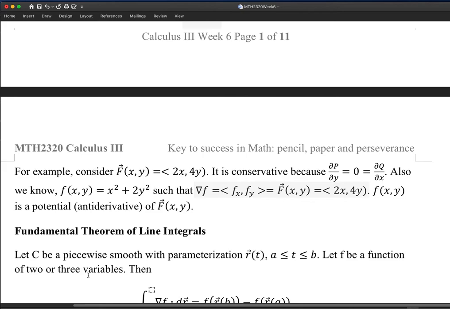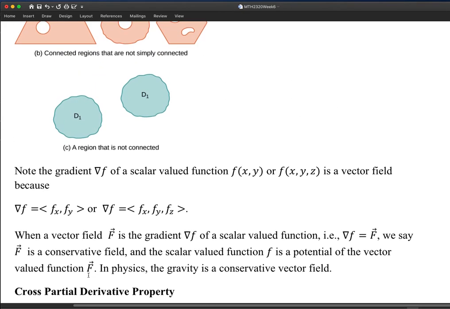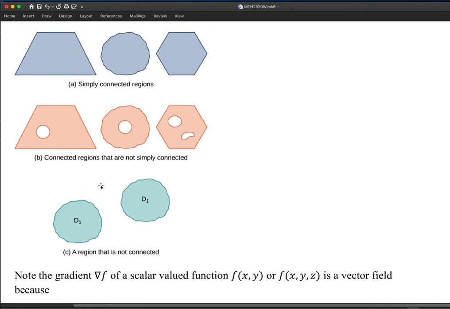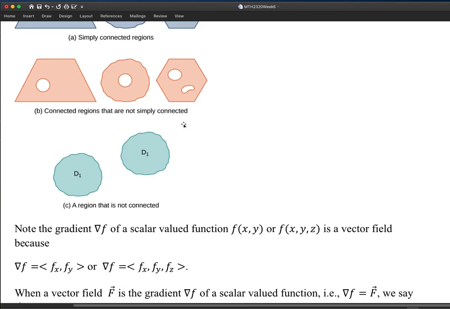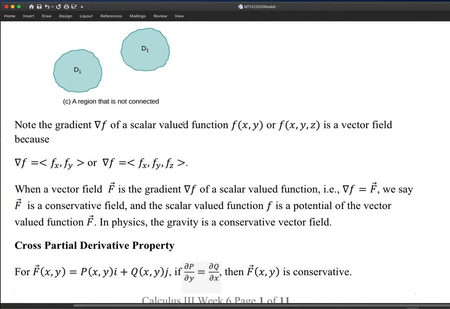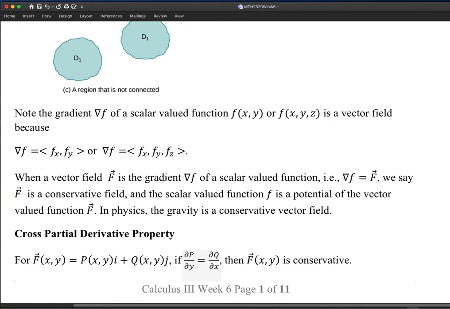A piecewise curve you can consider as a simple curve. Look at the edge of this shape, this is a piecewise curve. And roughly you can consider this as a piecewise curve too, and the boundary of this region is also piecewise. That is what we mean by piecewise curve. It has to be simple.